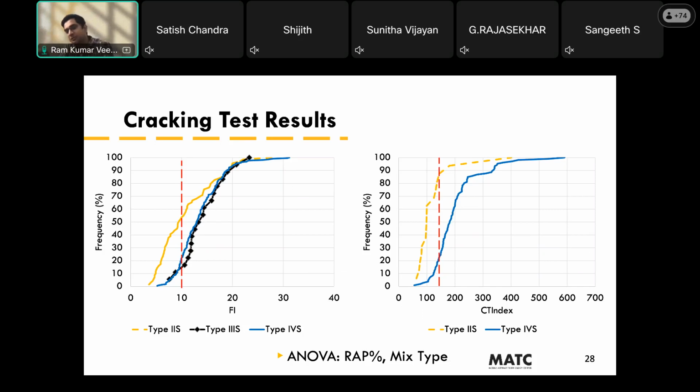We don't have it for the 3S because we don't have the data points for that nominal maximum aggregate size. So what we see here is a good one-on-one correlation between the IDEAL-CT and the I-FIT test.